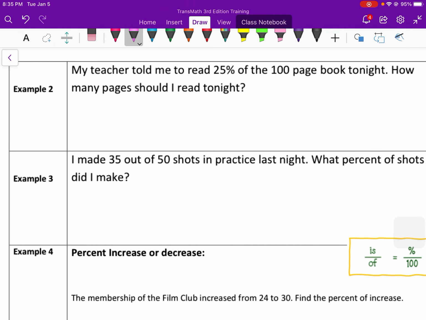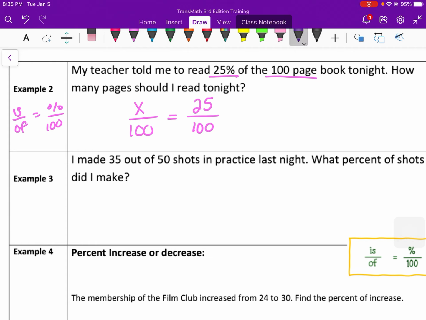Example 2. My teacher told me to read 25% of the 100-page book tonight. How many pages should I read? So your teacher told you to read 25%, so it's is over of, percent over 100. So the 25% goes above the 100. Of the 100-page book, how many pages should you read?